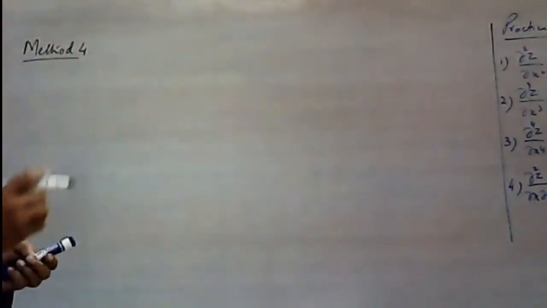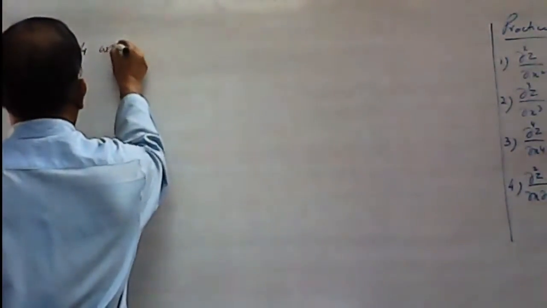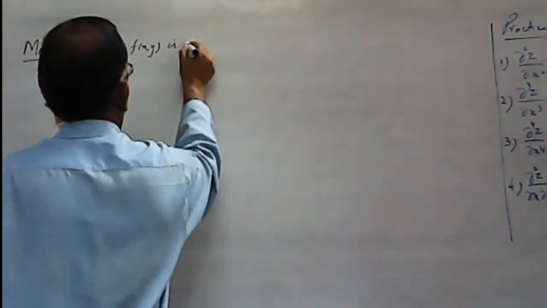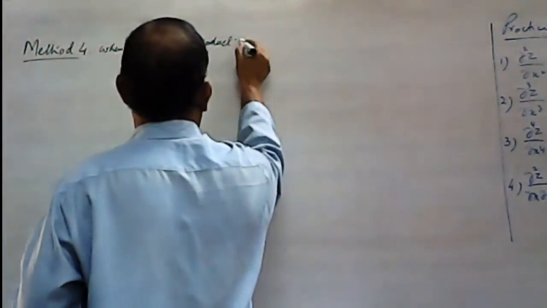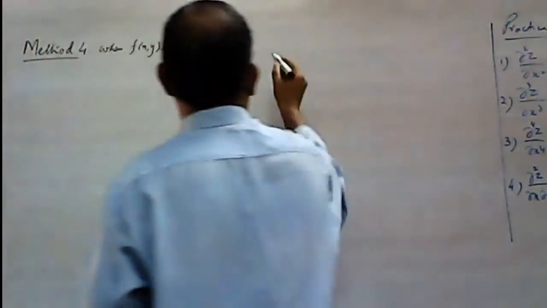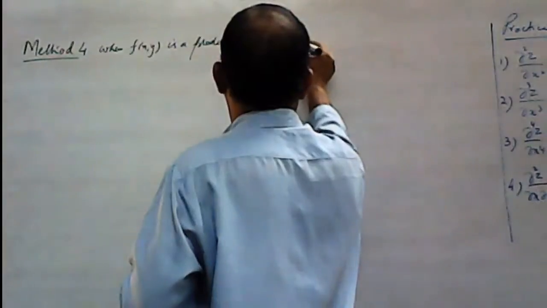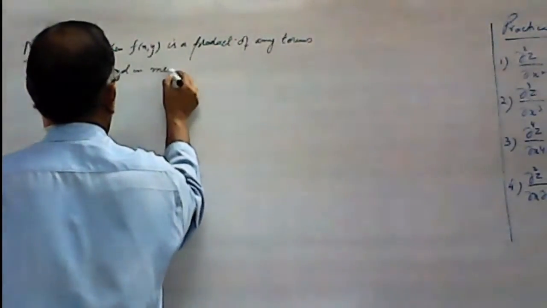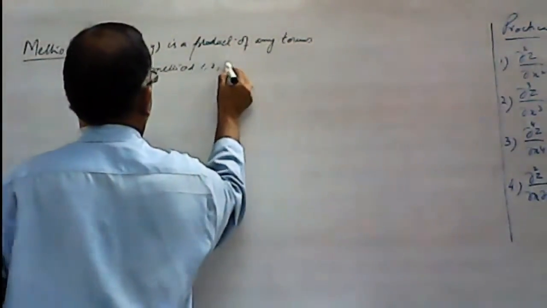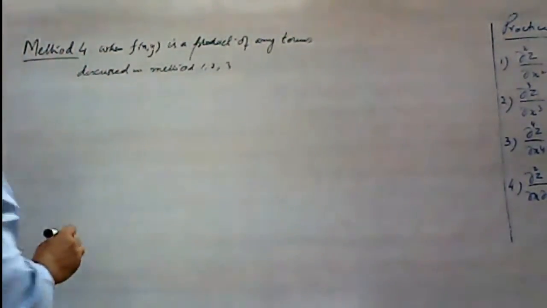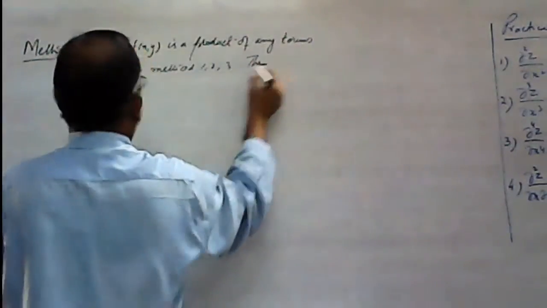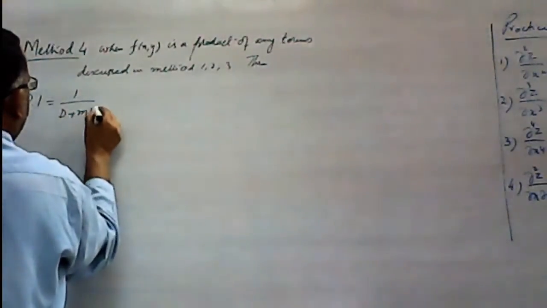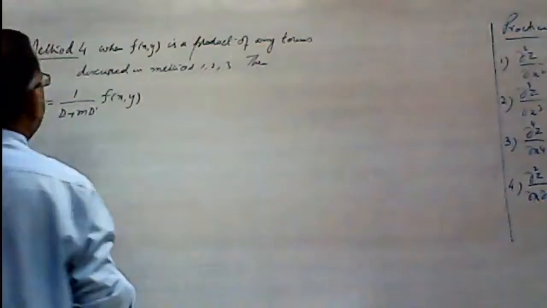So if we have method 4, when the function of xy is a product of any terms discussed in method 1, 2, 3, then the particular integral will be equal to 1 upon d plus md dash function of xy.